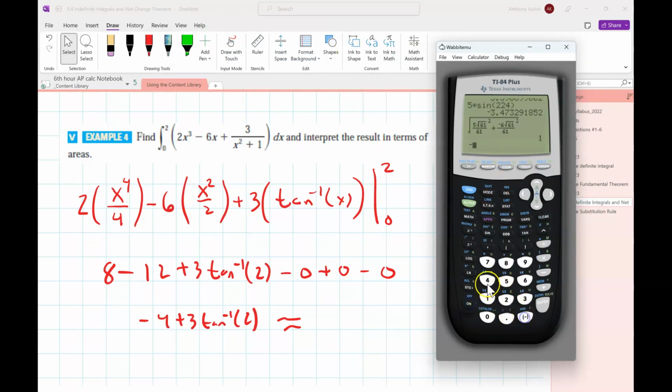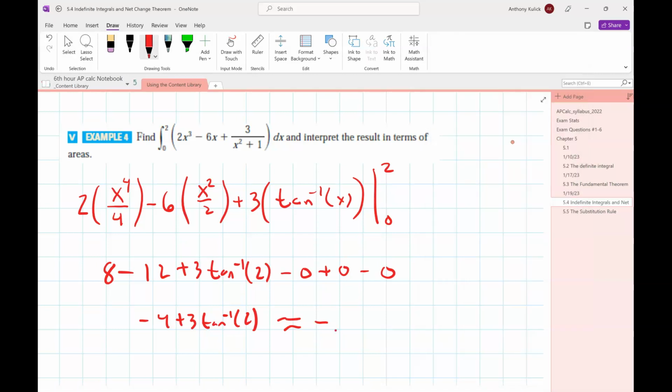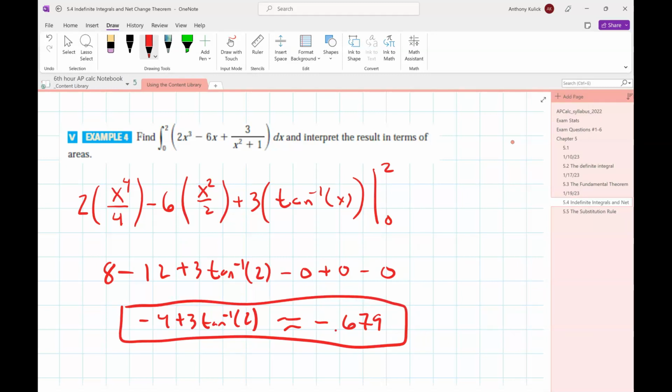So it'd just be, and I have to make sure I'm in what mode? Radian mode for this. I just moved to degree mode last class. So negative 0.679. So either answer would be appropriate.